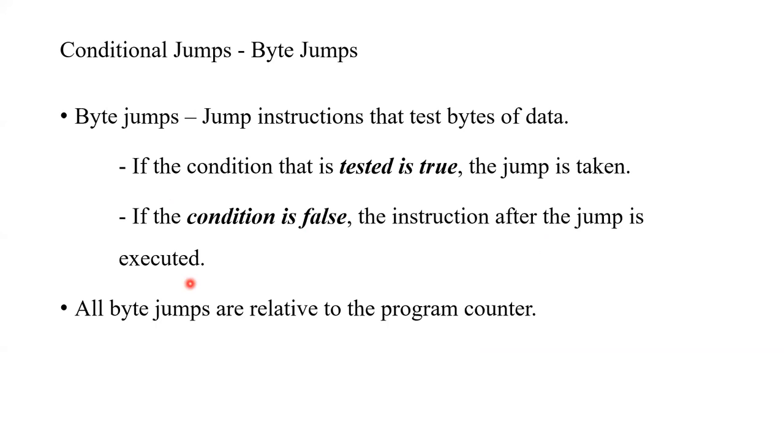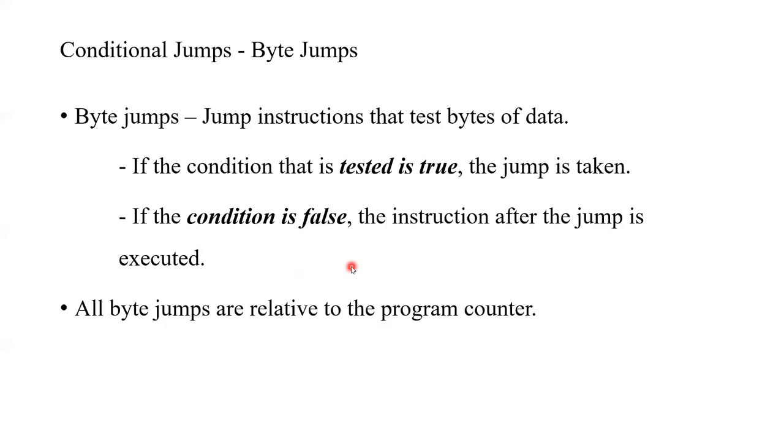If the condition is true, you perform the jump, and whatever address you specify in front of the jump, the program counter or the execution will go to that new address to perform the next execution. If the condition is false, it will go to the execution of the next instruction.